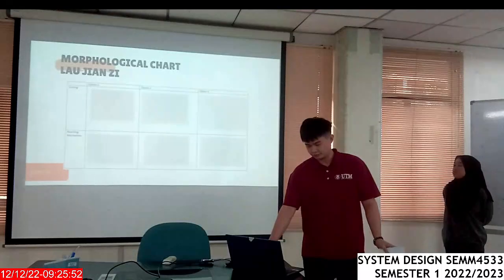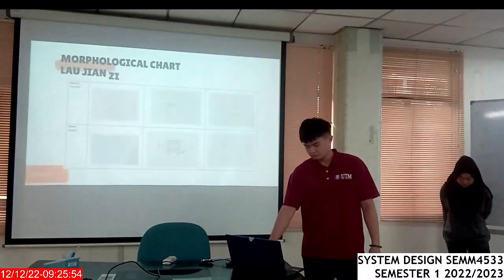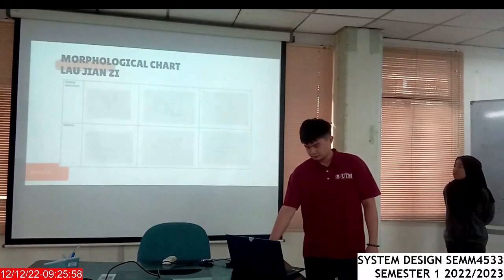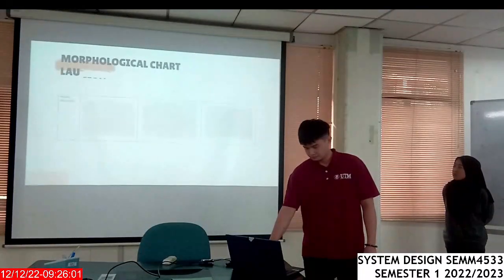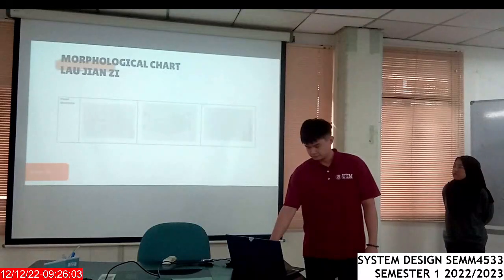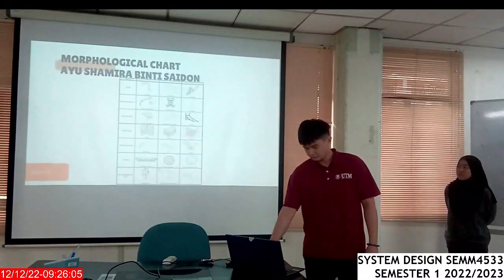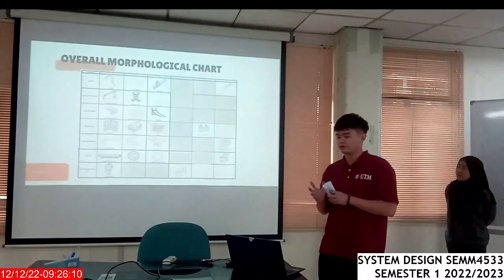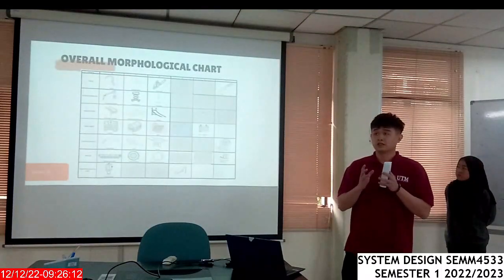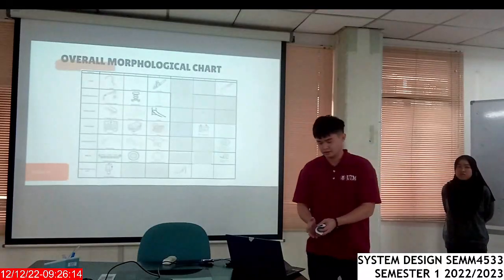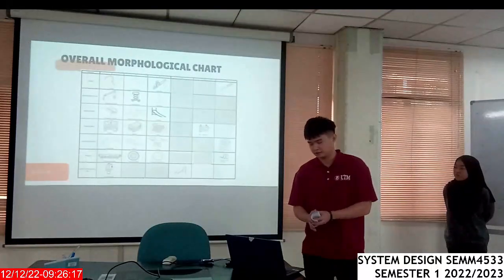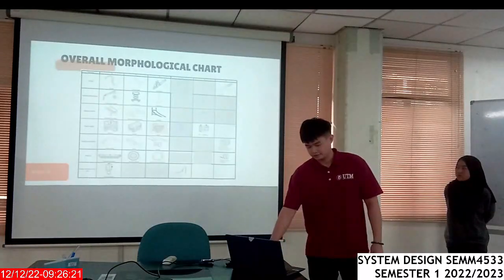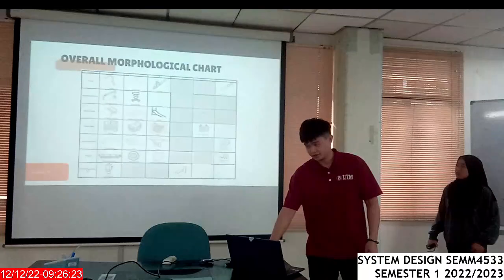This morphological chart is from Lao. So in the overall morphological chart, we have filtered out the repeated sketches and compiled it into one simple overall morphological chart. So this is the overall morphological chart.